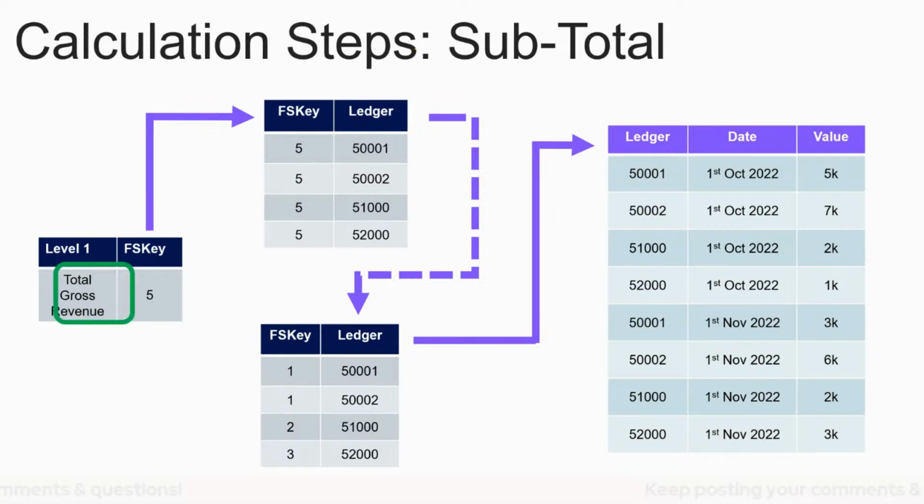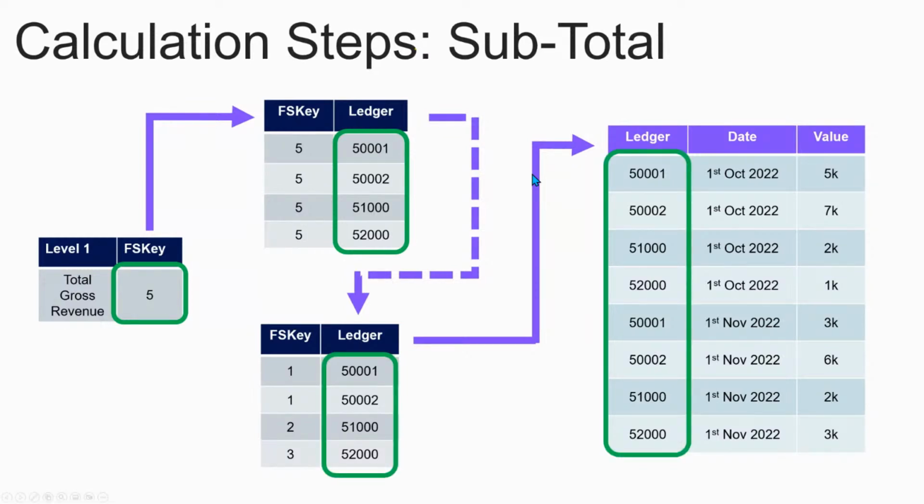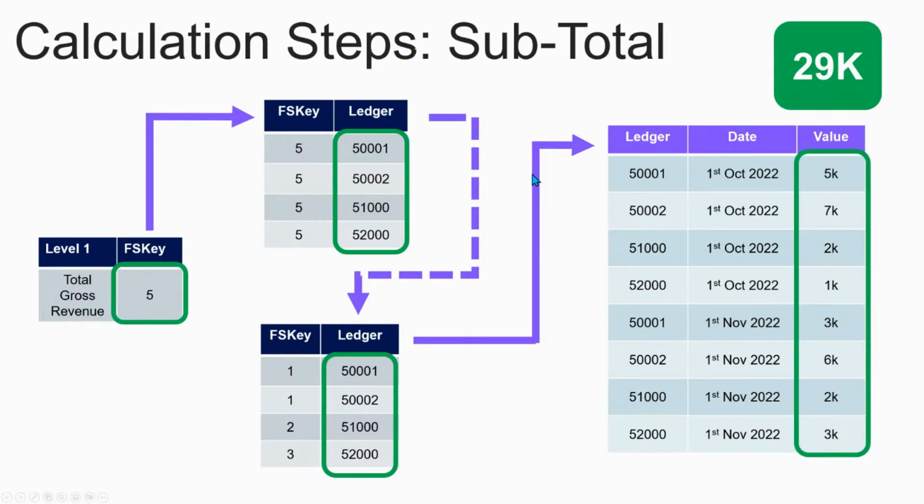So basically, using this calculation logic table, which tells us how our totals relate together, we can bring through all of our different ledgers. And that's how we retrieve our value.